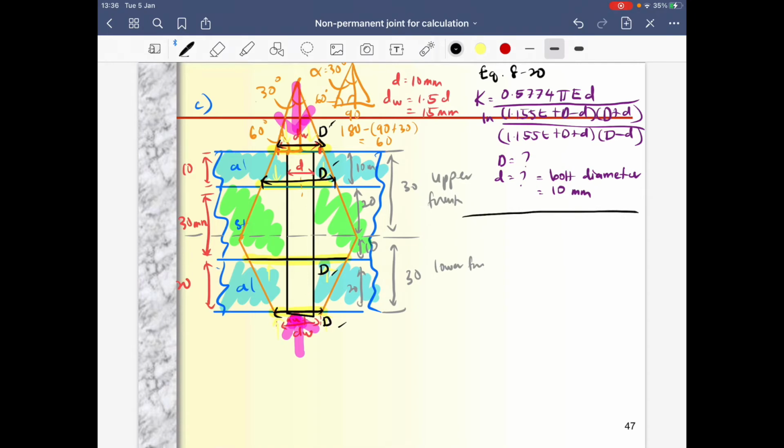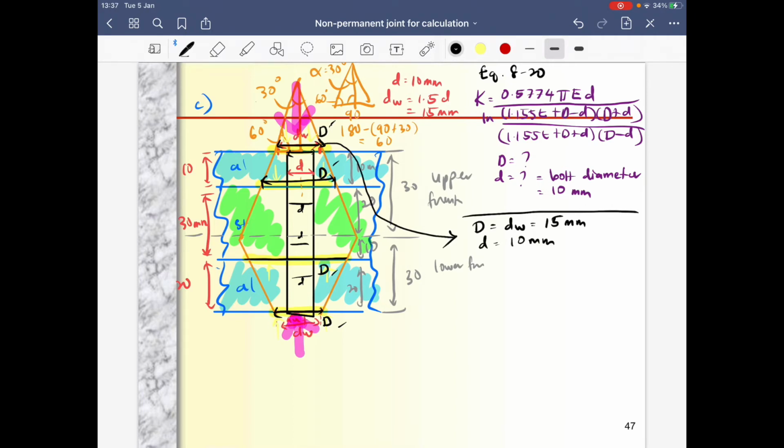Now let's move on. We calculate for this one, further down. And then what is D in this one? Definitely D for this surface is equal to D for the washer, which is 15 mm. Small d is exactly the same, all of these are the same. Small d is 10 mm.